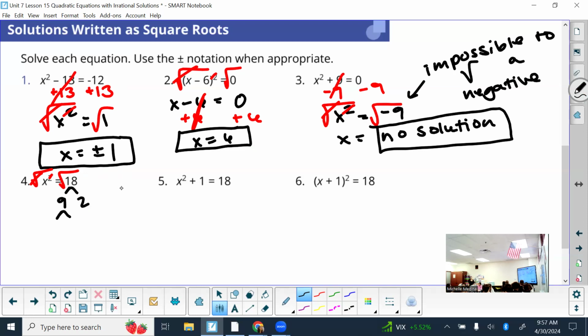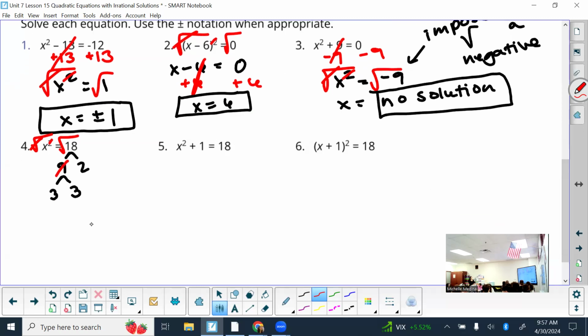What does 9 break into? Now, only looking at the prime numbers, I'll even cross out the non-prime numbers. We're gonna put any pairs on the outside, they get to escape the radical. And any leftover prime numbers go on the inside. So what will go on the outside of my radical?